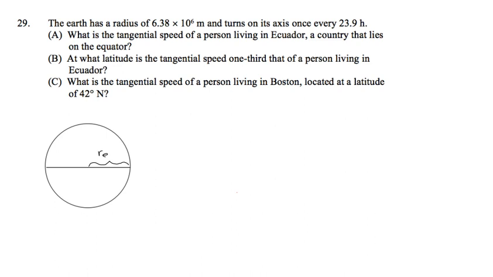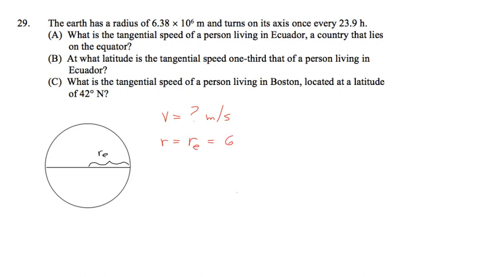So it says, what's the tangential speed of a person living there? So tangential speed is v. So we're looking for v. So v is our unknown. When they ask for tangential speed, they mean v, and that's meters per second. The r is going to be the radius of the Earth for this problem.